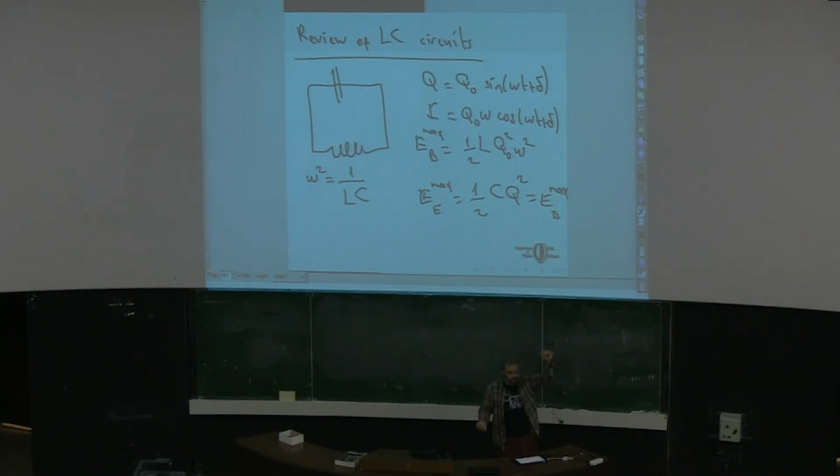If there were no friction forces, then this just went on indefinitely, just like in here. In this case, it's not the mechanical and the kinetic energy, it's the energy stored in the electric field in the capacitor and energy stored in the magnetic field.